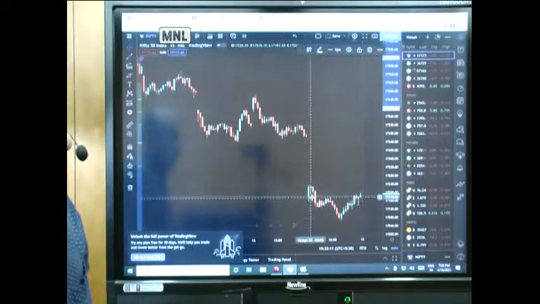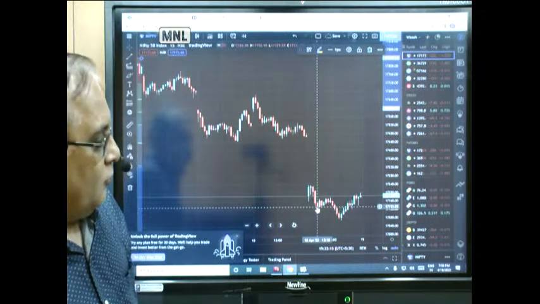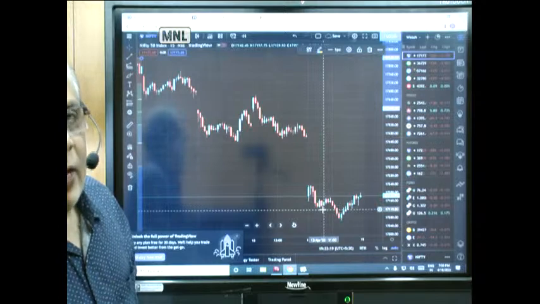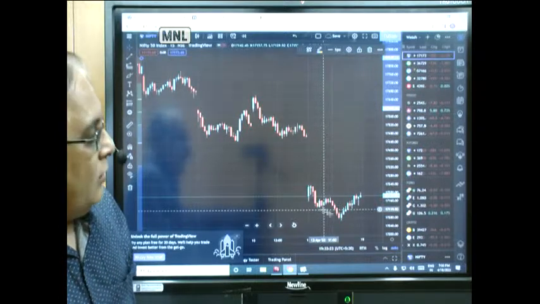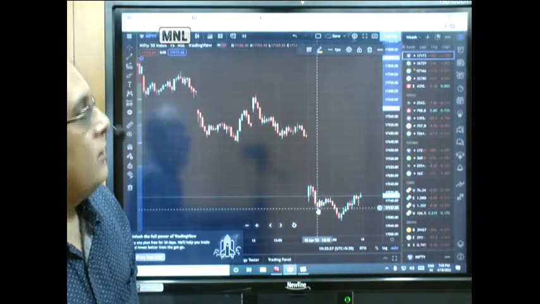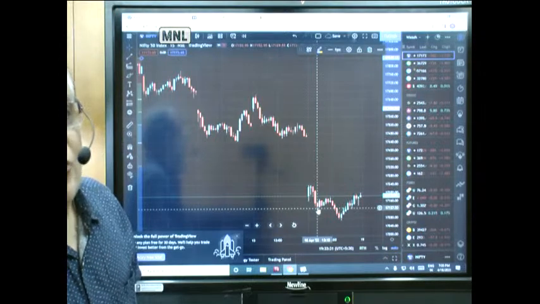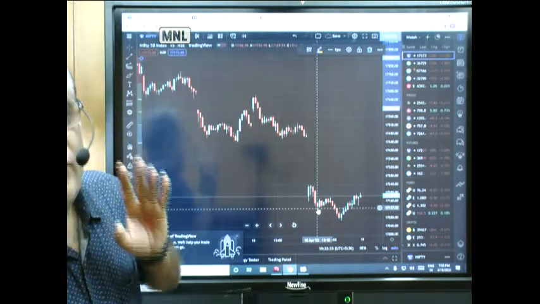So if you shorted below 17,130 today, you could have put one level above that as a stop loss. Assuming you sold below 17,130, your stop loss becomes 17,208.